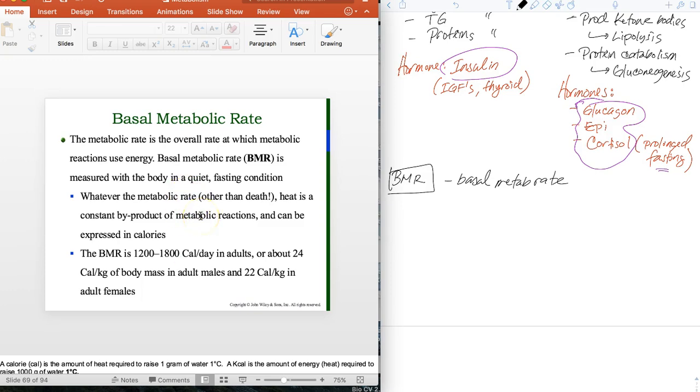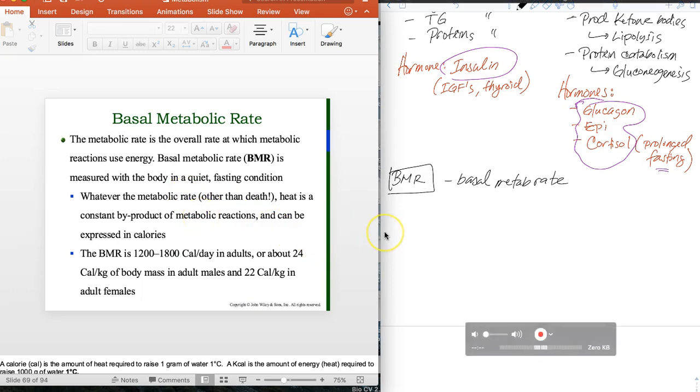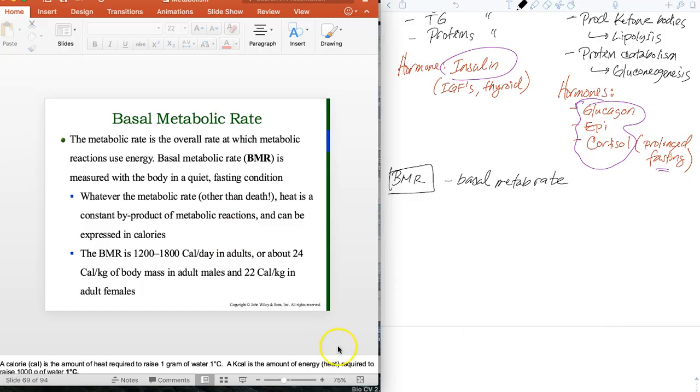And usually when you try to assess it, this is when somebody is nice and calm, fasting, overall just not agitated.